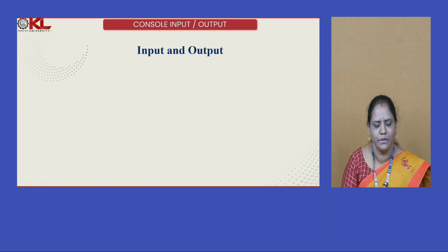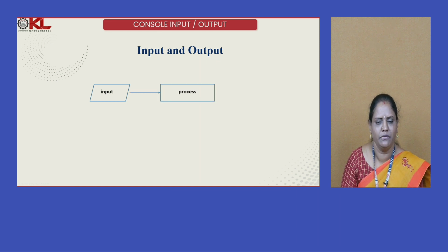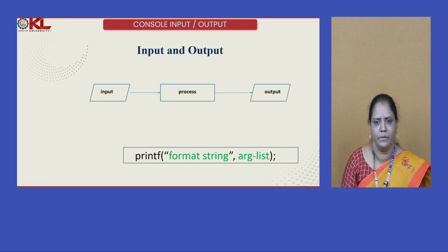What statements can we use to perform input and output operations in C programming? That we'll discuss now. We give some input statements, then some process, and with that we get some output. Now how do we write these input and output statements in C programming?